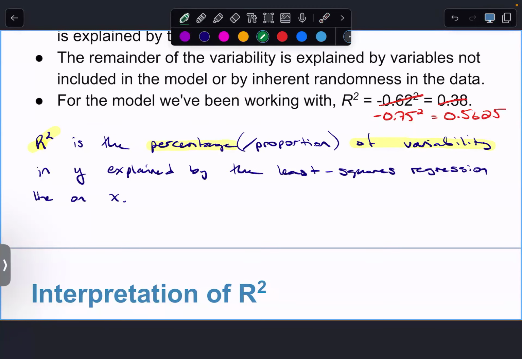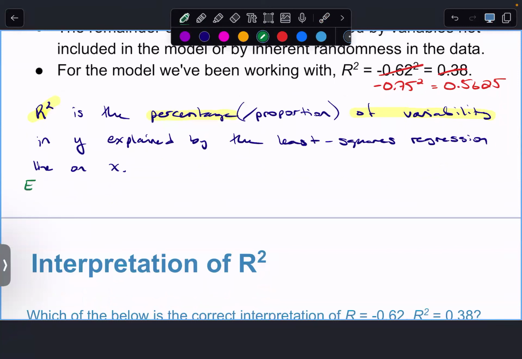So in this example, the R squared is 0.5625. You take your correlation and you square it. And so 56.25% of the variability in percent poverty is explained by the least squares regression line on percentage of high school grads.